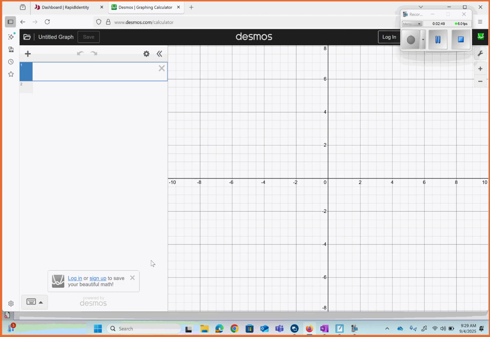All right, first, let's show what a hole is going to look like. Actually, I'm going to do this. I'm going to go y equals x plus 2 over x minus 3.